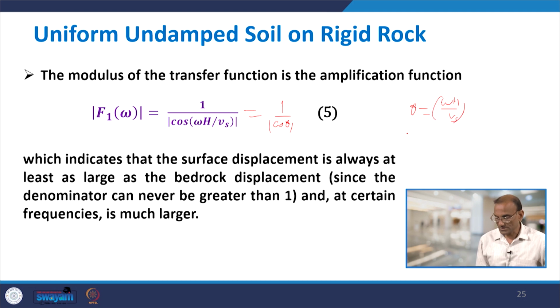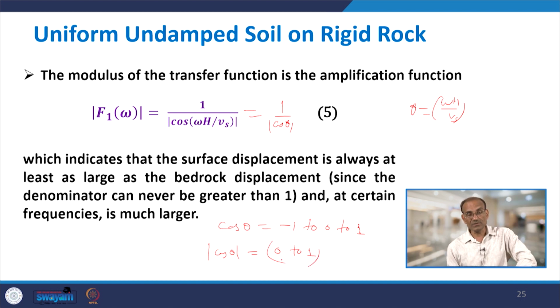So, you know the cos theta value: its minimum value is -1, it passes from -1 to 0 and then goes to 1. So, -1 to +1, but when you find its absolute value, then it will be 0 to 1. So, minimum is 0 and maximum is 1. When cos theta equals 0, in equation 5 you get infinity for f1(ω).